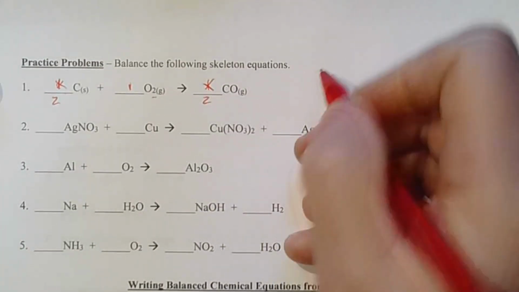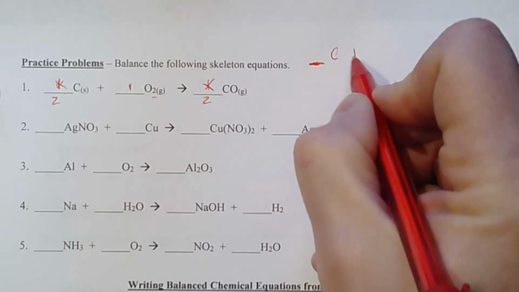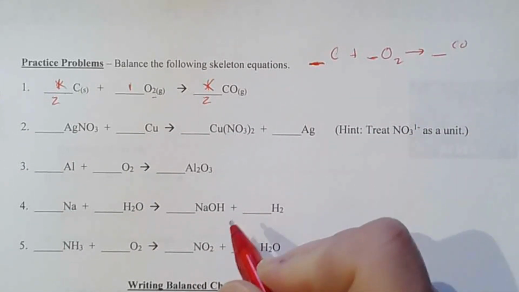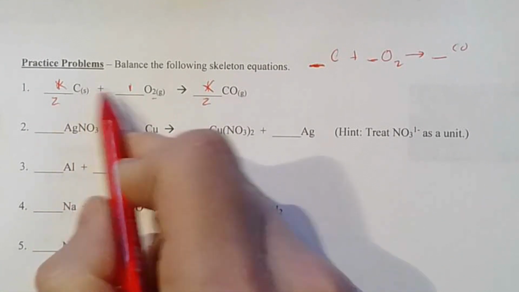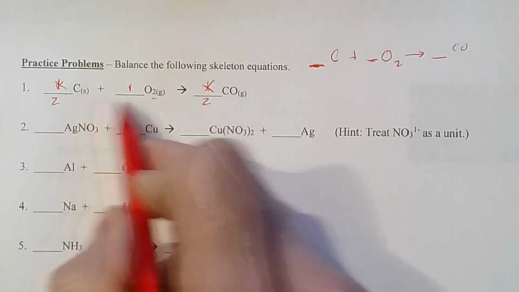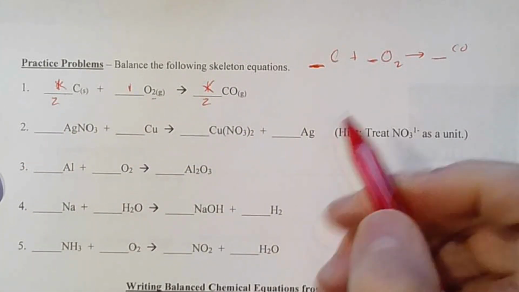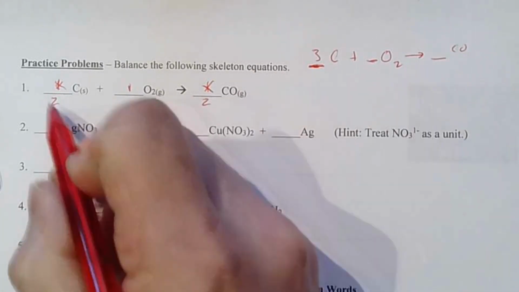Okay, now let's say you were having a bad day and for some reason were not able to get this to balance with 2 in front of the carbon and the carbon monoxide. Again, just saying, had a bad day. Now the next step would be, okay, I'm going to bump this up to a 3.